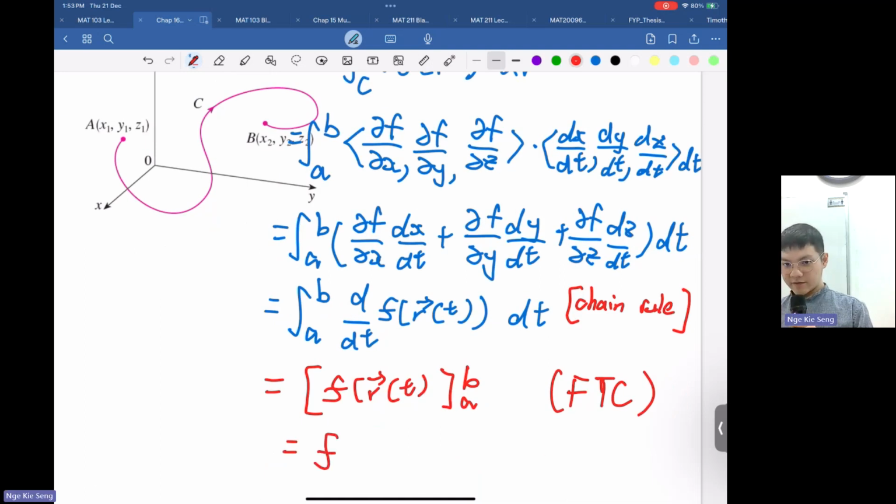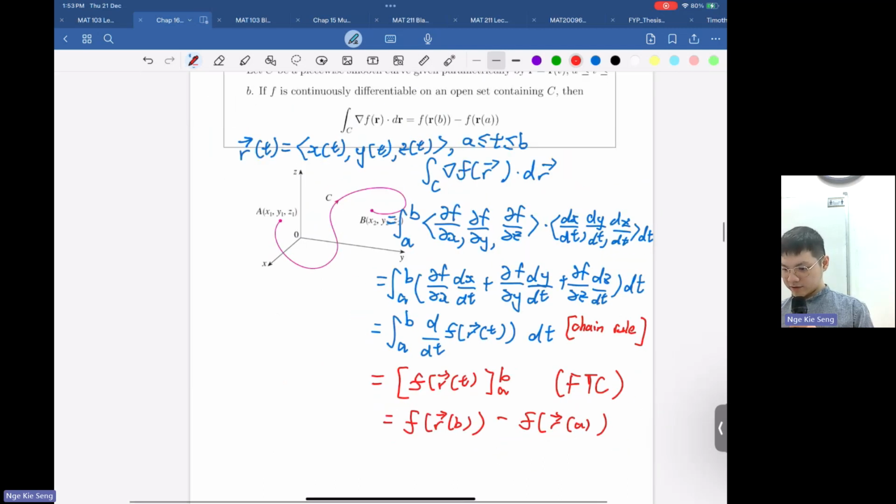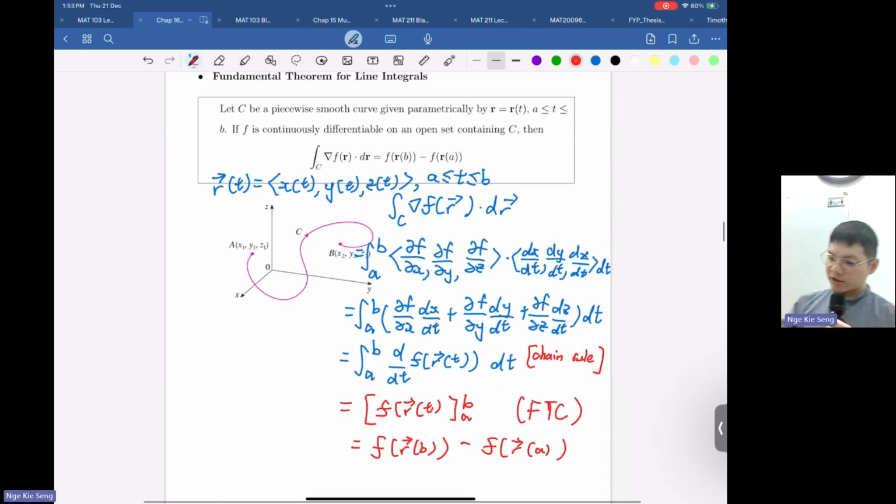So this is f(r(b)) minus f(r(a)). This is what we want to get. So the higher dimensional fundamental theorem is derived from the one variable FTC. This is the fundamental theorem for line integrals.